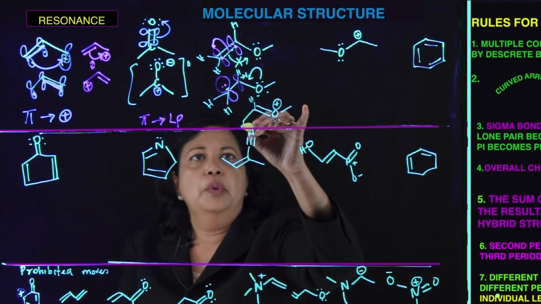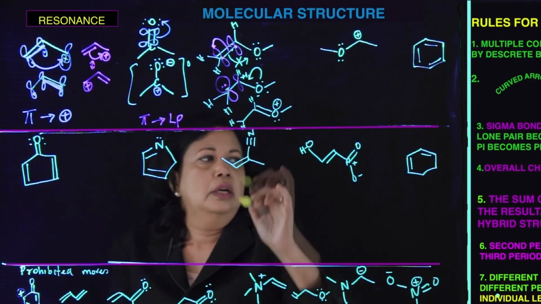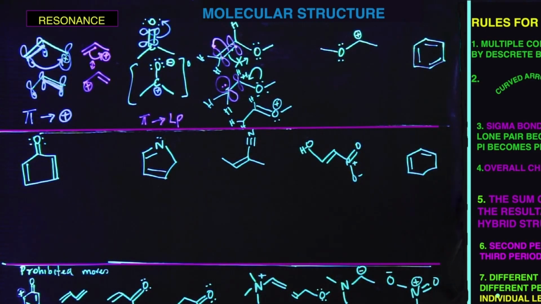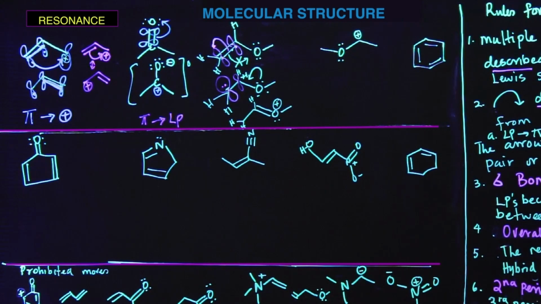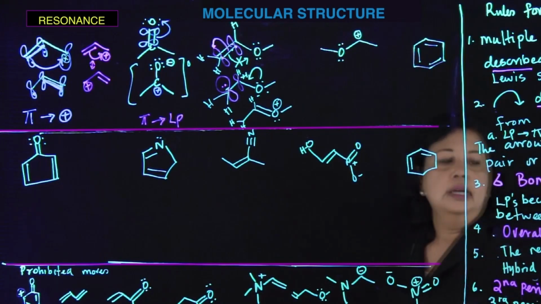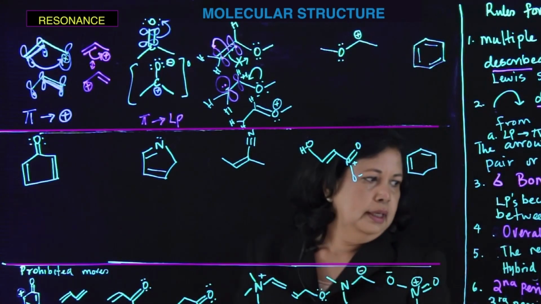Well, more than the charge, the octet rule is the most important one. First, this is the first most important rule. This is the second most important rule. And then a minimum charge is the third one. So if you go in priority, that is going to be the best.